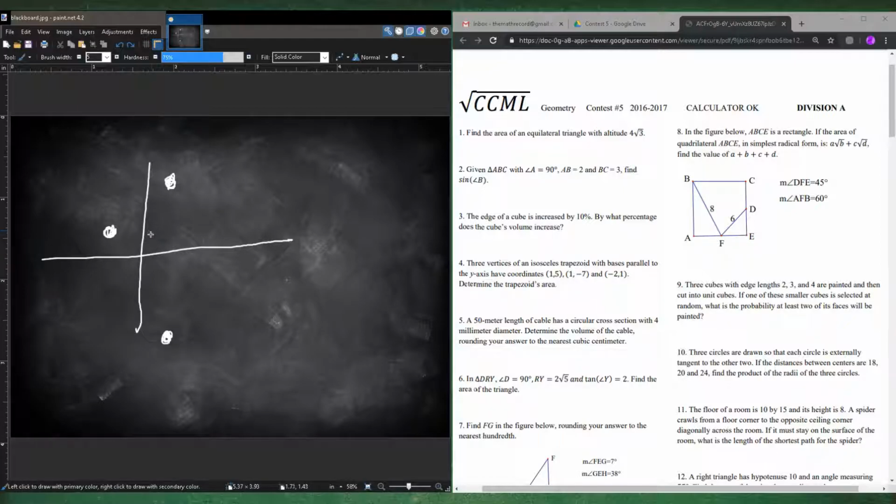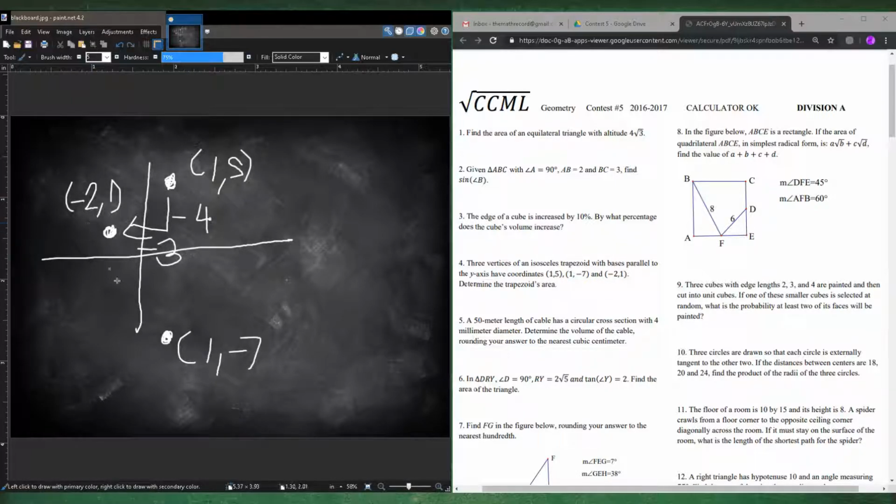So this side length right here, with a point put right here, has to equal this side length right here. So let's find that distance for these two points. This one is (1, 5), this one is (-2, 1), and this one is (1, -7). From getting to here, you had to move down 4 and go 3 to the left.